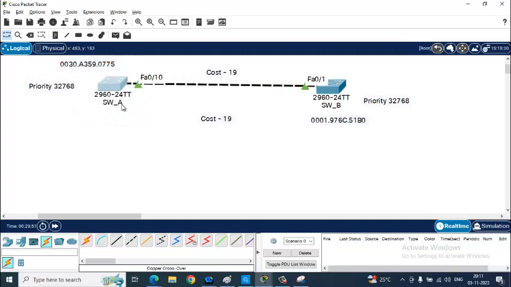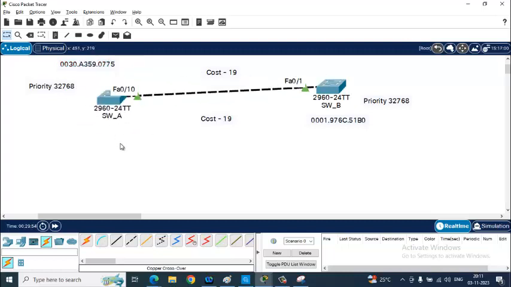Now the cost is going to be the same, because everywhere it is Fast Ethernet.